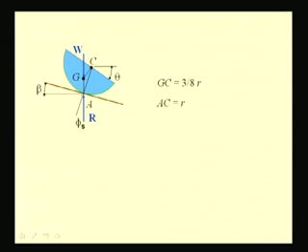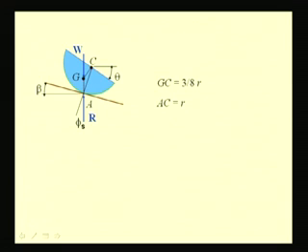And from the geometry we also see that the angle between the resultant R and the line AC is equal to this angle beta, which is nothing but the inclination of this surface.